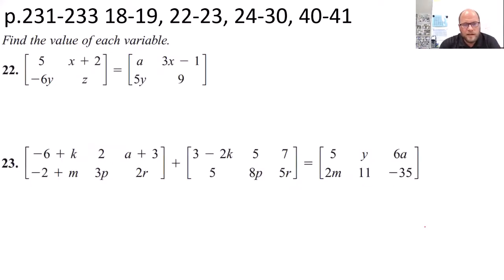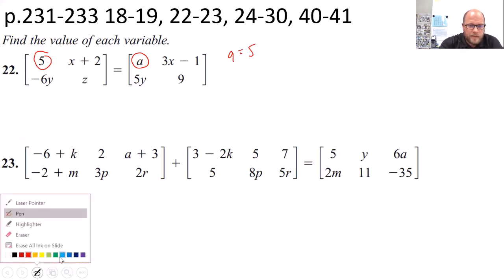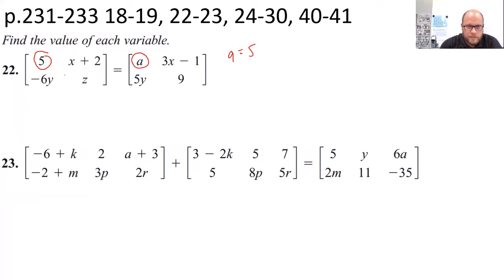Next. On 22, find the value of each variable. So remember, if you have two matrices set equal, that means that the same corresponding positions have to be equal. For A, that one's a little bit easier. We have the 5 and the A in the same spot, so A is equal to 5. Now, for the next one, we have x plus 2 is equal to 3x minus 1.